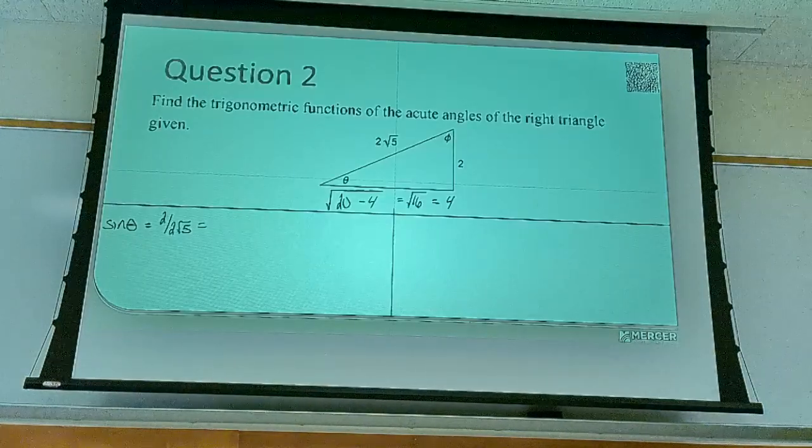Don't you have to multiply the bottom by the top? 2 over square root of 5. 2 over 2 is 1, right? 1 over root 5, or rationalize it, root 5 over 5. That's what I was thinking. You don't have to multiply by 2 root 5. You just have to multiply by root 5 over root 5.